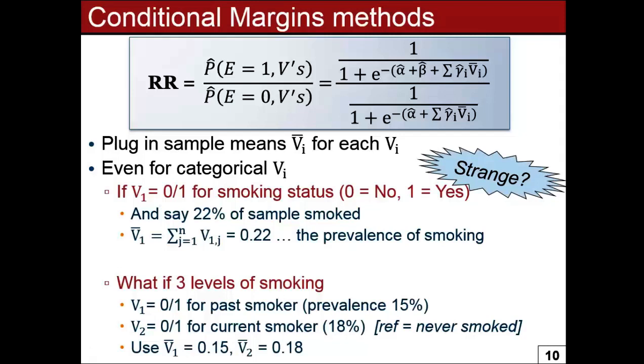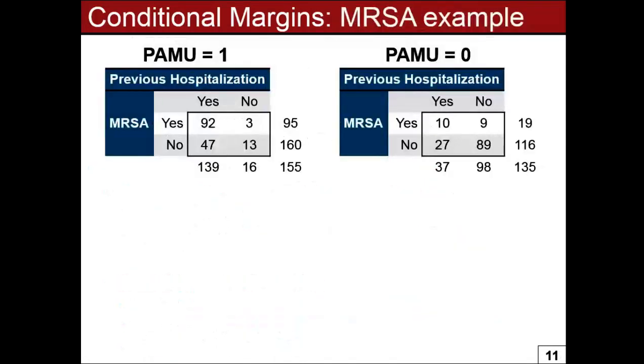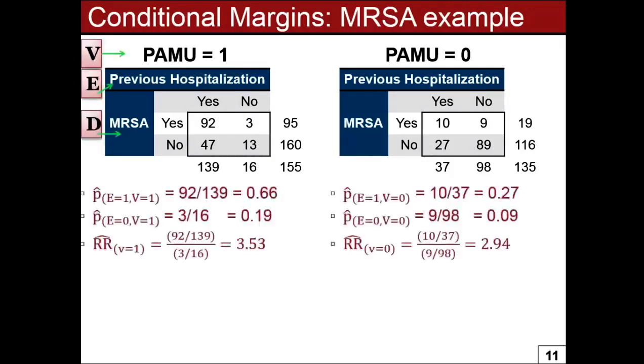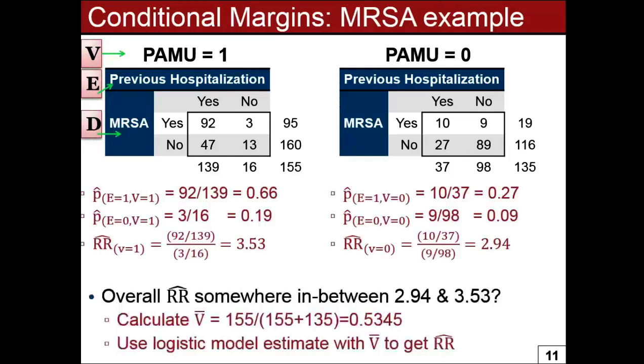But there are some validity issues because there is no such person that's actually in both states at the same time, let alone fractional. Right, I'm 15% a past smoker and I'm 18% a current smoker. It's a little odd. So it's just odd, but this method gets an answer, and Stata and SAS both will give you that answer. So here we go.